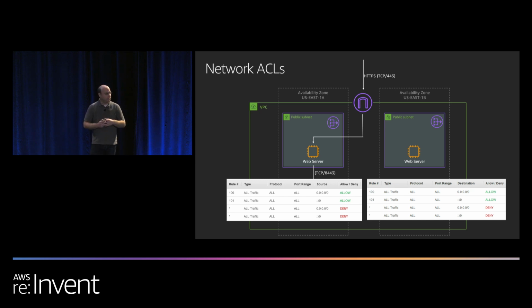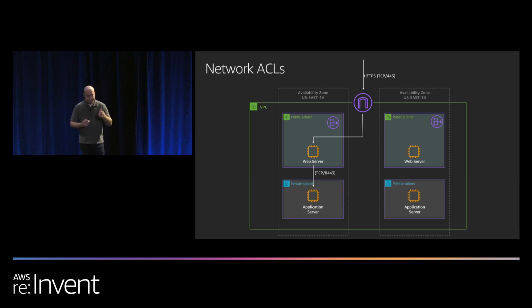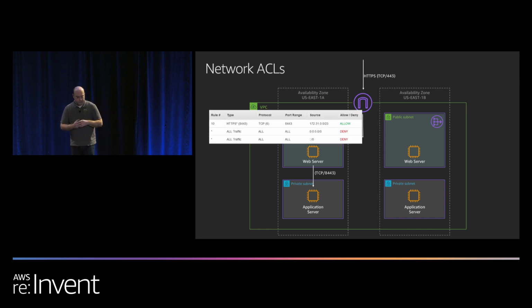But what would it look like if we wanted to actually lock this down a little further? Well, the web server is going to talk to the app server. The app server is listening on TCP 8443. So our web server wants to initiate a connection from its source port 6000 towards the application server's TCP 8443. What would that network access control list look like? So here we've defined an allow statement.